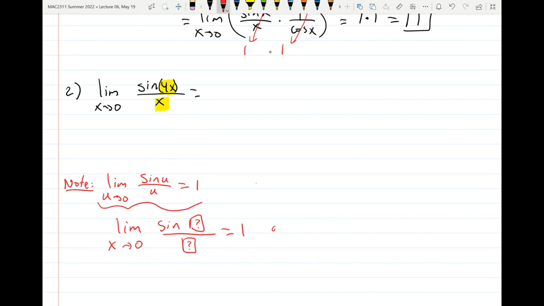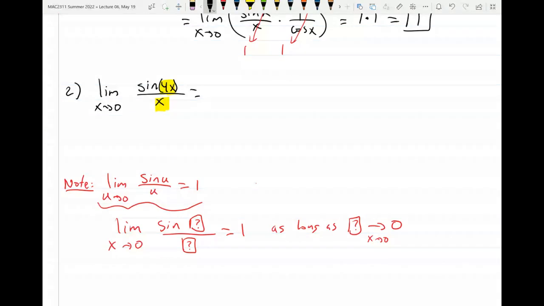So let me keep it as x approaches 0 here, as long as the something approaches 0 whenever x approaches 0, okay? Which in this case, our 4x will approach 0 when x approaches 0, so that's good. In other words, all we need is to make sure that we have a 4x in the bottom. Now, when you're off by a constant, that's an easy thing to fix.